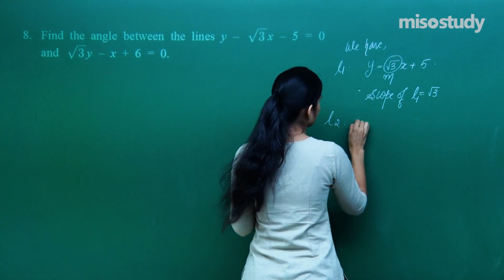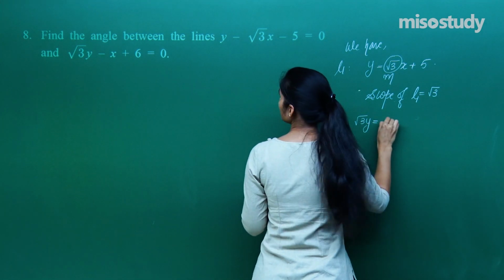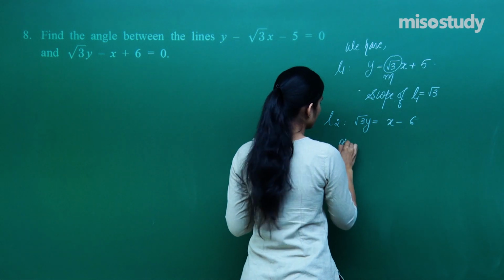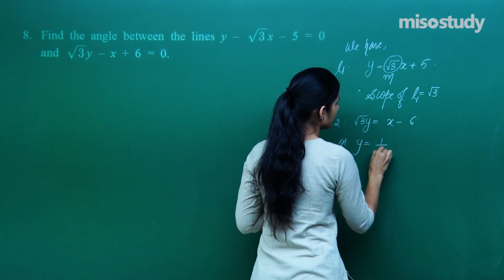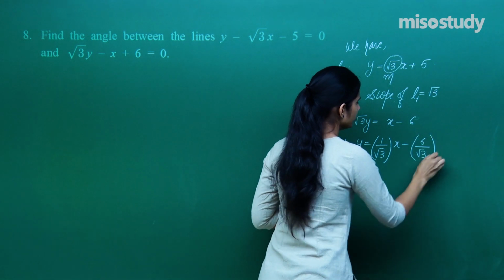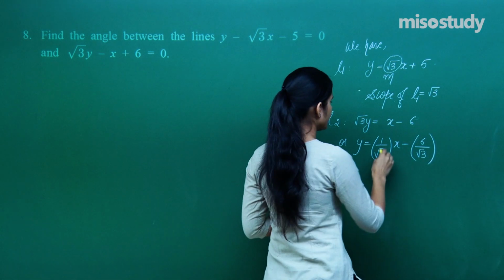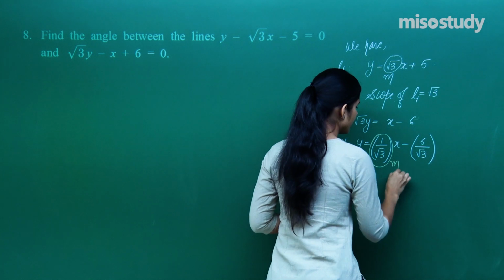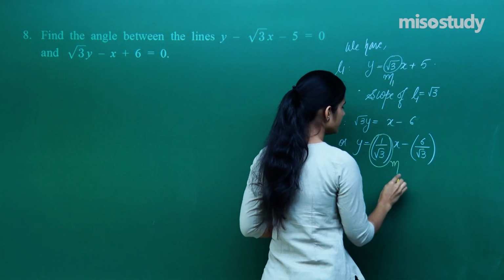What about L2? Write it like that: root 3y equals x minus 6, or y equals 1 by root 3 x minus 6 by root 3. Here you have this as m. So say this is m1, this is m2.